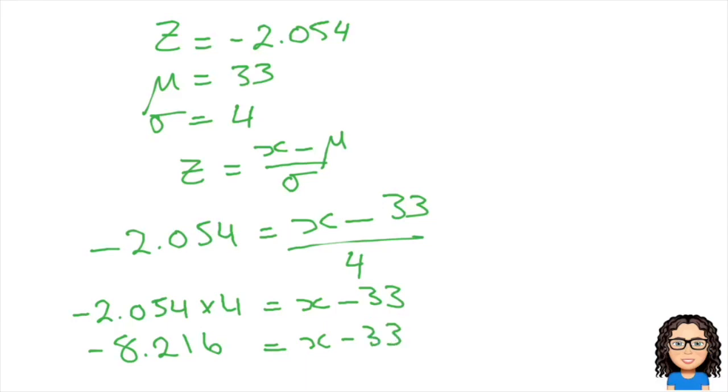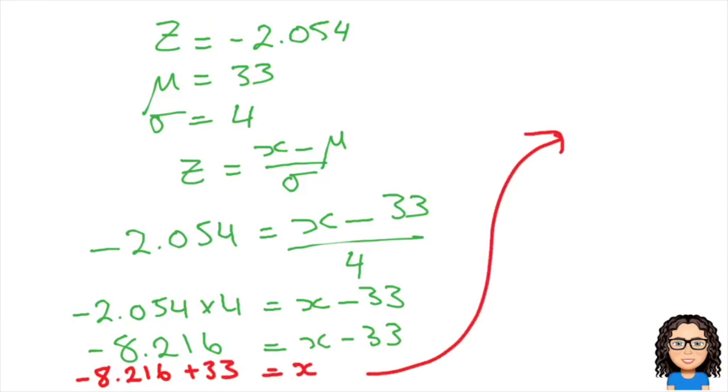And now I'm going to take the minus 33 to the other side, and the opposite of subtracting 33 is adding 33. So I get minus 8.216 plus 33 equals x. So that leads to my answer of x equals 24.8 grams.